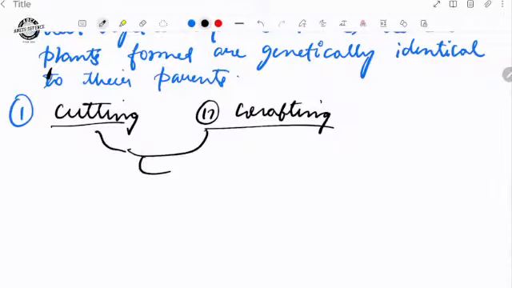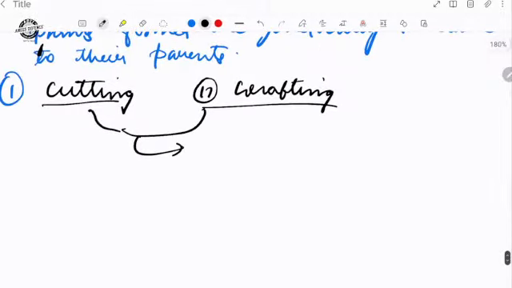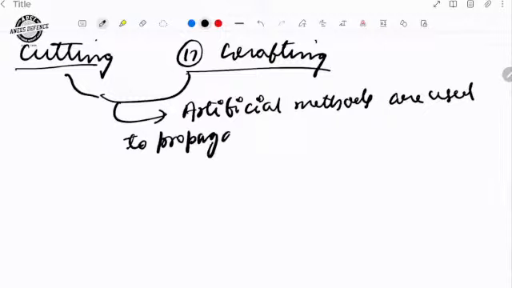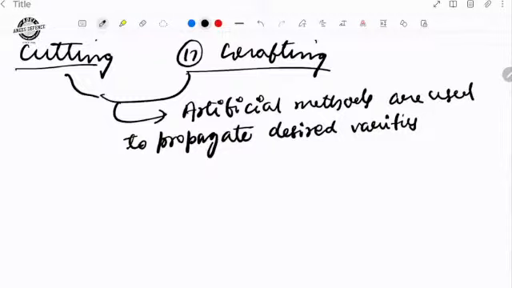Both of these are artificial methods used to propagate desired varieties. Both of these processes are helpful to get the desired varieties that a person wants.